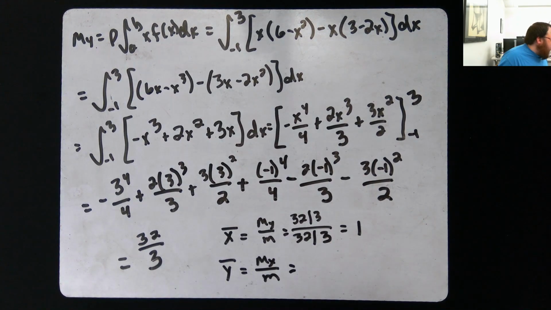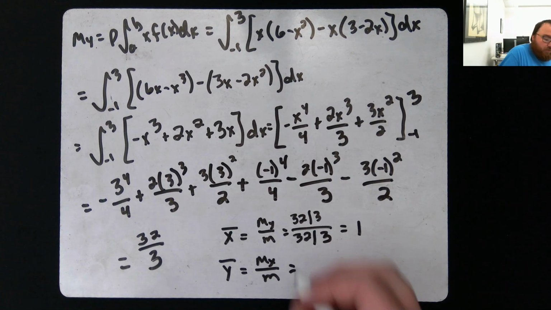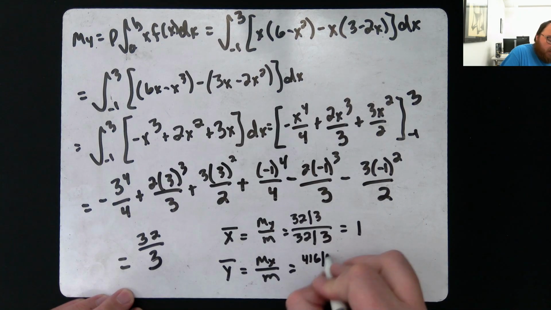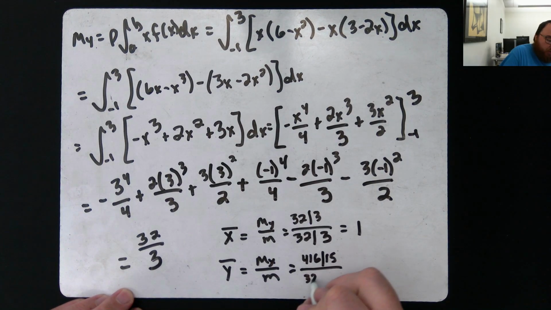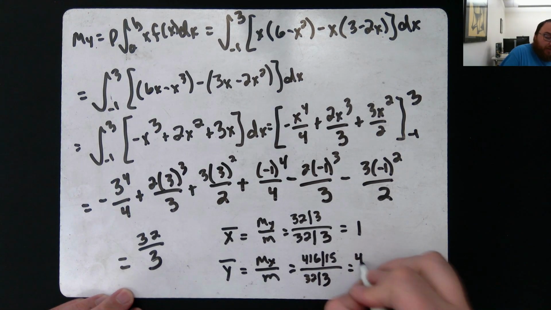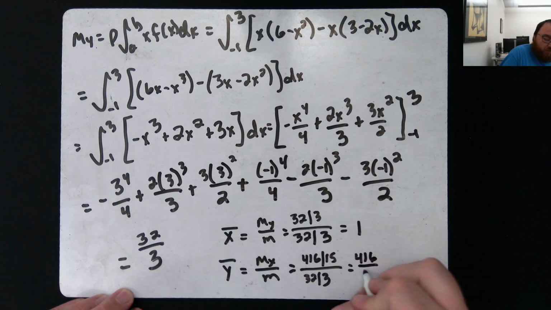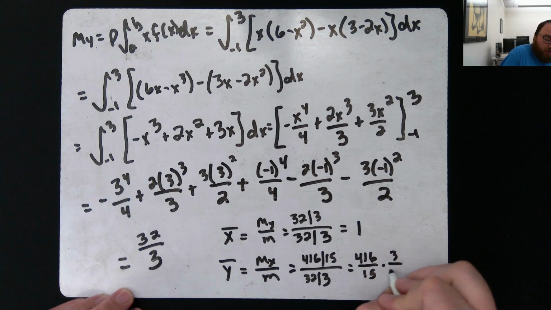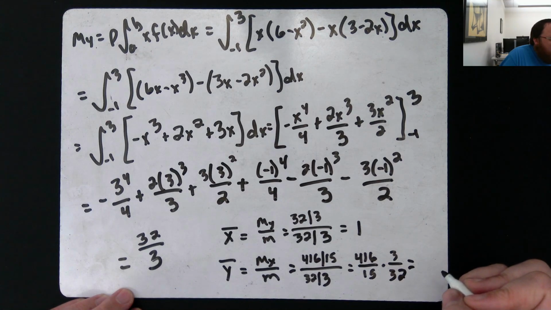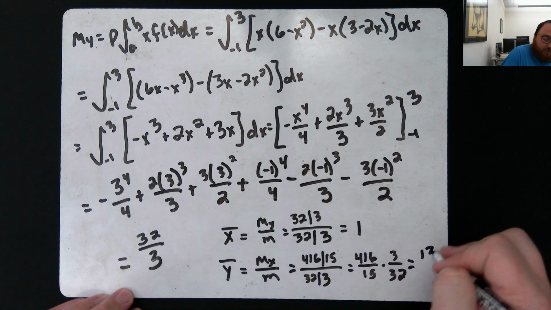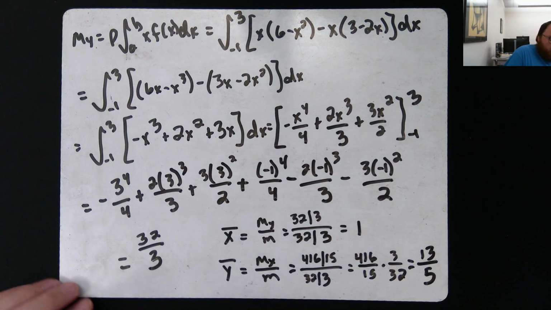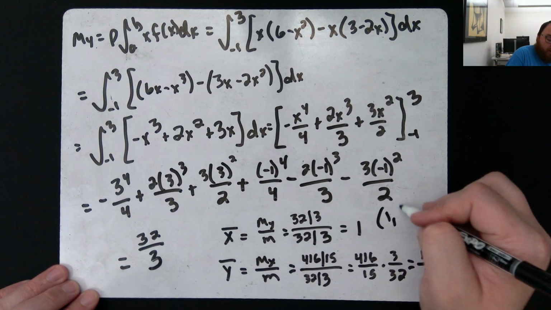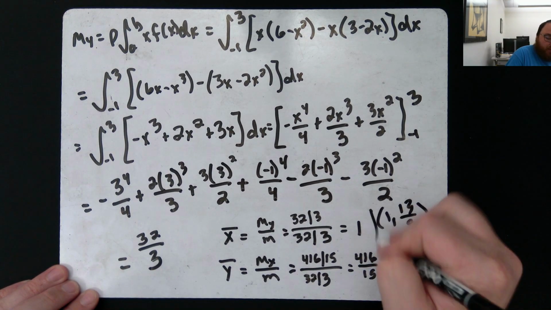My moment about x that we found was 416 over 15. And my total mass was 32 thirds. Keep, change, flip, 416 over 15 times 3 over 32. Simplify that, and you end up with 13 fifths. So the centroid is 1, 13 fifths.